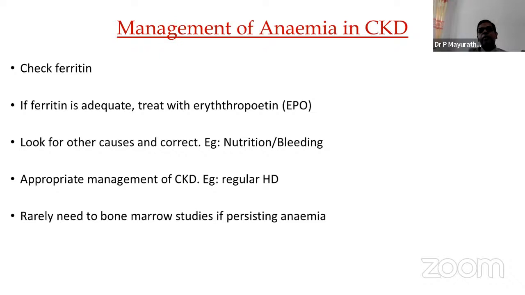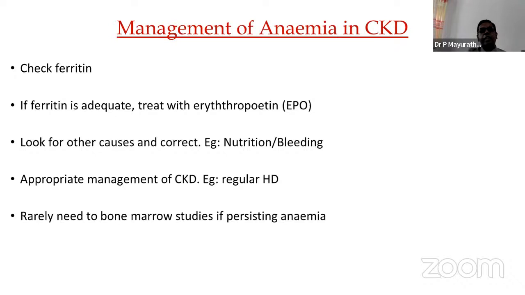Because you remember the previous slide, there are many possibilities for anemia. So you are giving the correct dose of erythropoietin, the compliance is good, but you couldn't get the expected hemoglobin rise, then of course you have to think about other causes. Remember, bleeding or chronic blood loss and nutrition should be considered very seriously in a CKD patient.